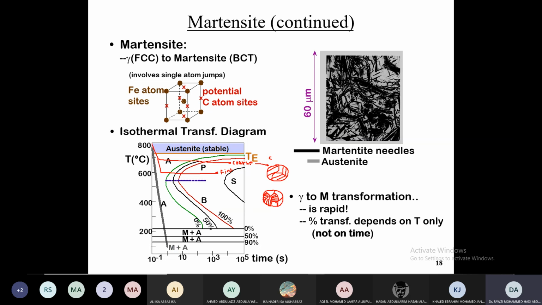So why is it that their behavior is different? I'm not going to draw it all. I think I could do it there as well a little. So what happens there is that this is a very fine perlitic structure.